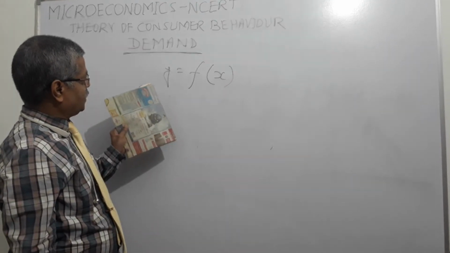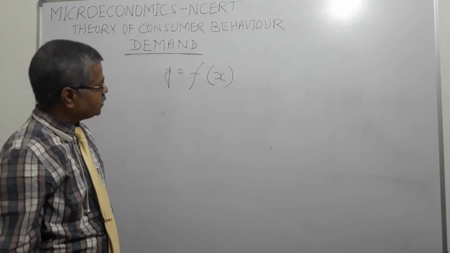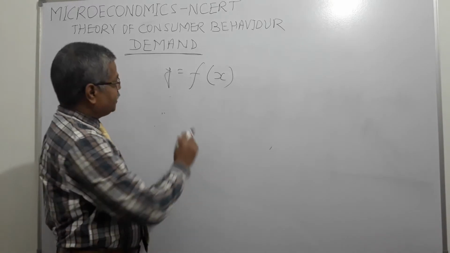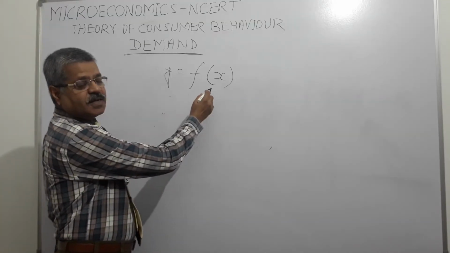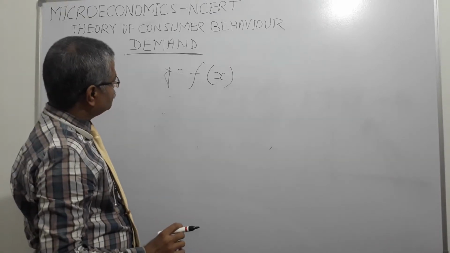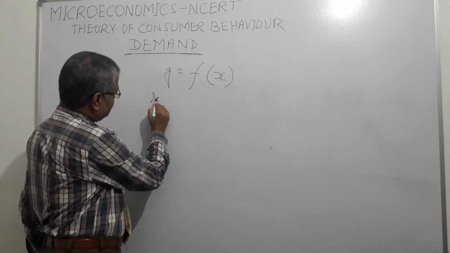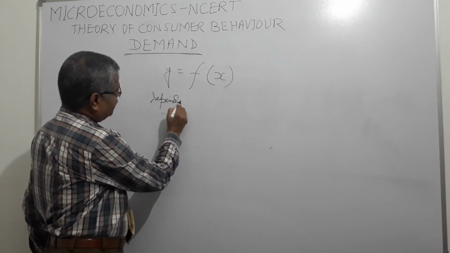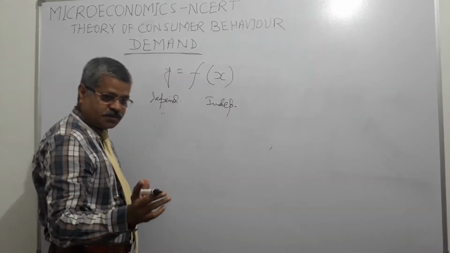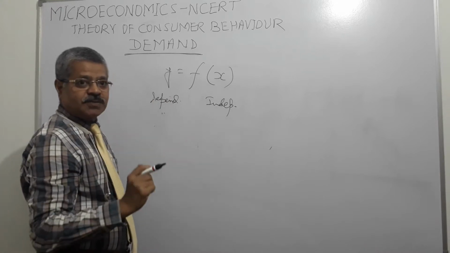So, here there are two variables, Y and X. Y is a function of X. It depends upon the changes that take place in X. So, Y is called the dependent variable. X is called the independent variable, because the value of Y depends on the value of X.